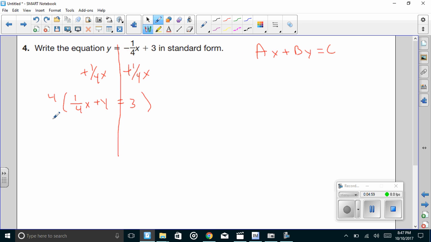So I will go ahead and multiply by 4. And 4 times 1/4 would be 1. So that'd be 1x. 4 times y would be 4y. And 4 times 3 would be 12. Now it looks more like ax plus by equals c. I've got x plus 4y is equal to 12.